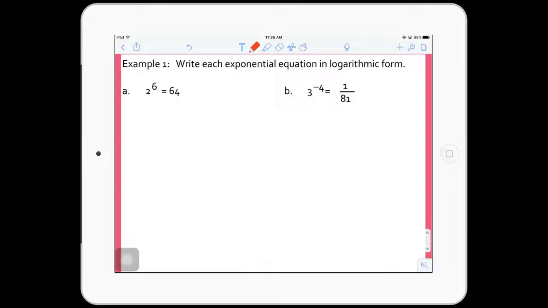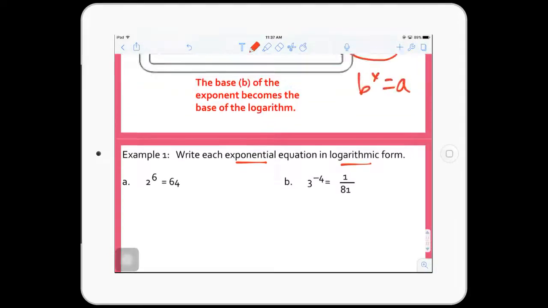So let's practice the first problem. We need to learn to translate between exponential and logarithm. Right now, obviously, it is in exponential form because there is no log. To write this in logarithm form, we're going to use the method that we showed you on top.